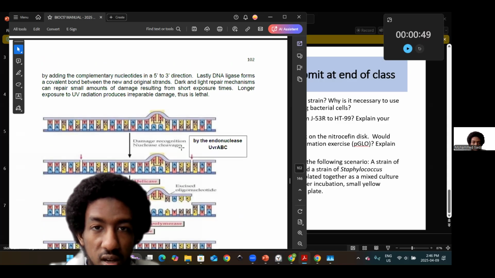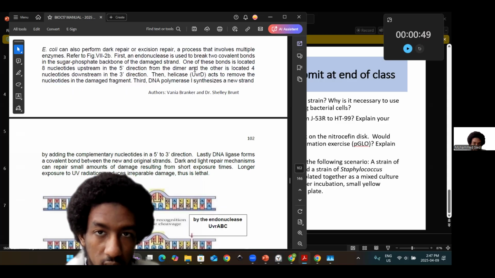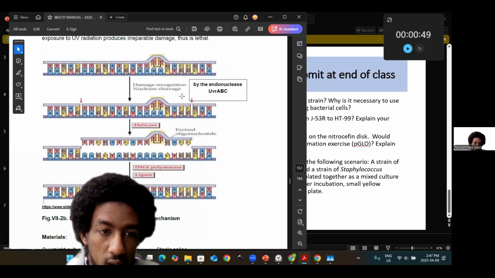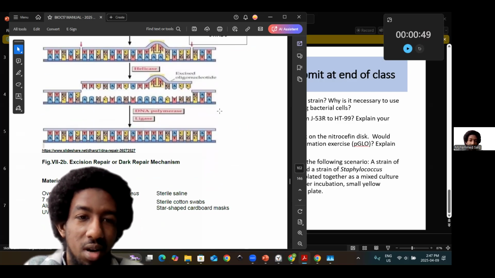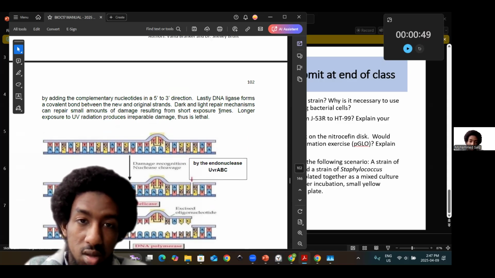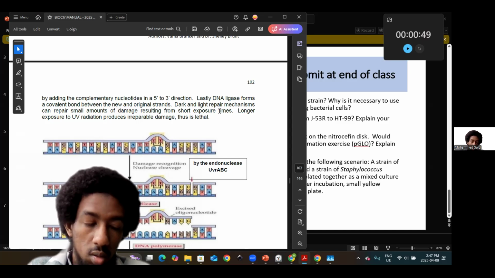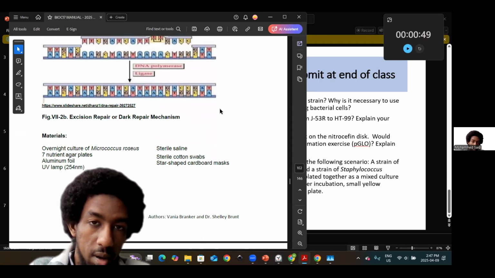That's actually interestingly a good note in contrast to the light repair mechanism, because light repair deals with DNA photolysis, and then dark repair uses the excision repair of the endonuclease. So bear those details in mind, see those impacts based on the limited factors that exist, right? Light versus dark. You have the presence of dimers in both cases, but how they're being lysed, how the strand itself is being impacted, can differ accordingly for either repair mechanism.